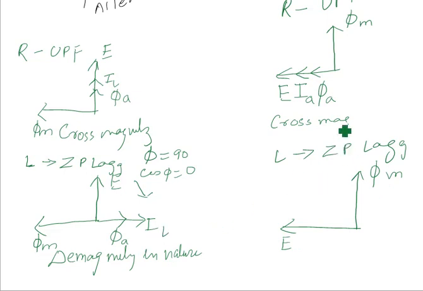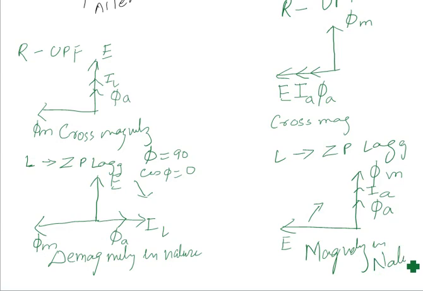As your motor is operating on a zero power factor lagging load, the armature current will be lagging E by 90 degrees. That armature current will develop a flux, phi A. Now here, if you see, phi M and phi A are in the same direction, and that is why it is magnetizing in nature.